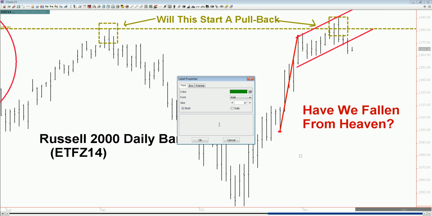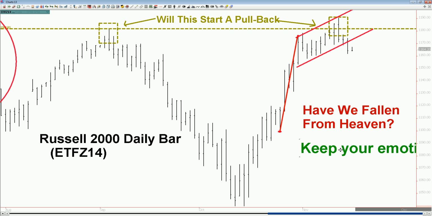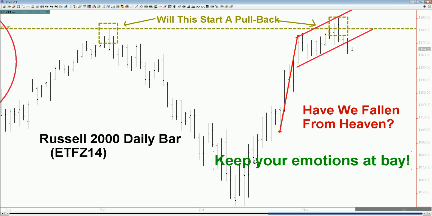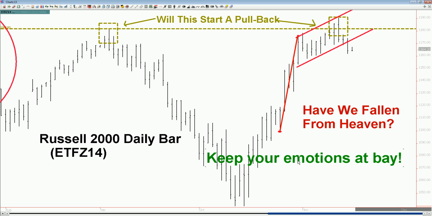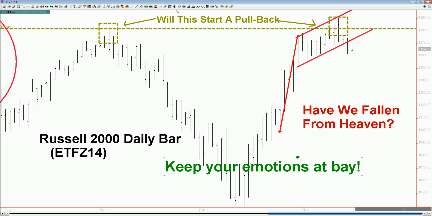If you don't want to do that, try to do this. Keep your emotions at bay. Can you do it? If you cannot keep your emotions at bay, which I know is very difficult to do, try to remember this. If you add something called a stop to your trading plan, and you put your stop in first, very, very important here.